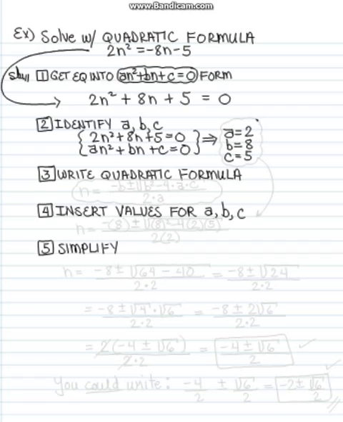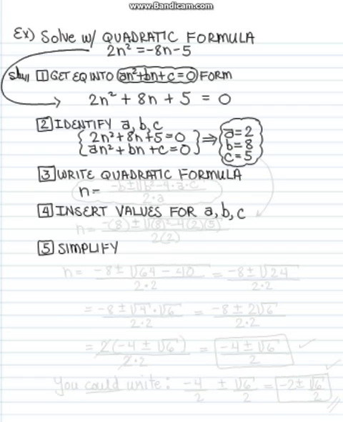So these are the values we're going to plug into the quadratic formula to solve the equation. This formula will give us the n value that satisfies this given equation. Step 3, write the quadratic formula. We're looking for n, the solution to the equation.